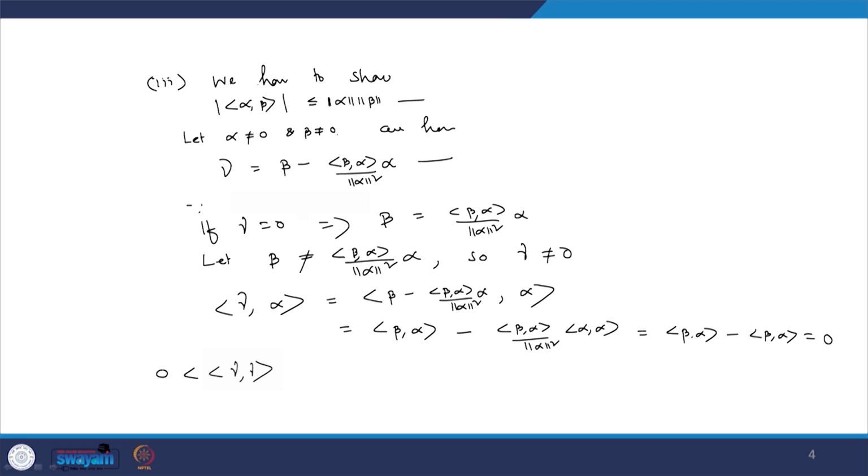This will be equal to the inner product of gamma and, writing gamma as beta minus the inner product of beta alpha by norm of alpha square into alpha, so 0 less than the inner product of gamma and gamma, which is equal to the inner product of gamma beta minus the inner product of beta alpha by norm of alpha square and the inner product of gamma and alpha, please.